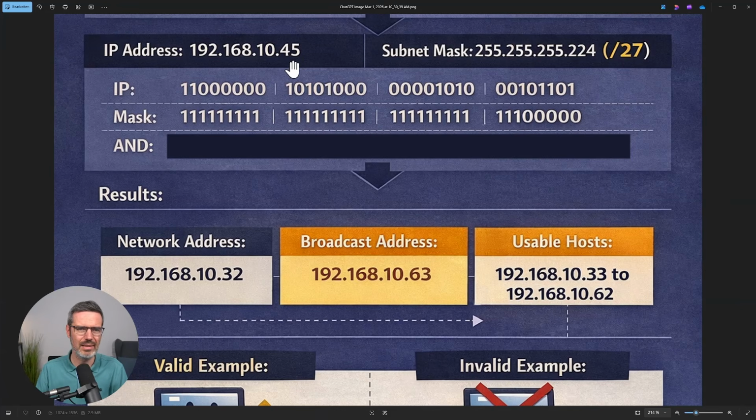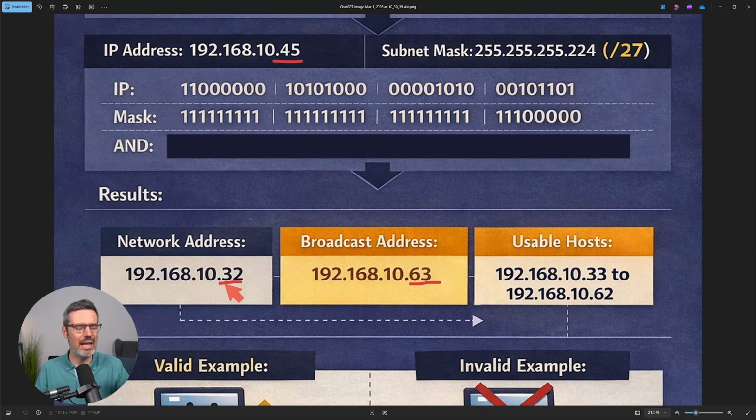A network from 0 to 31 would not work because our IP address is 45. That is why our network would not be 0 to 31. It would be 32 to 63.